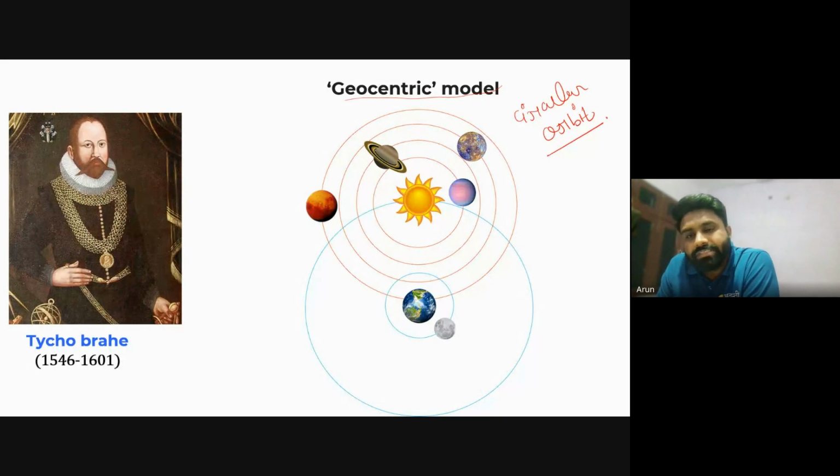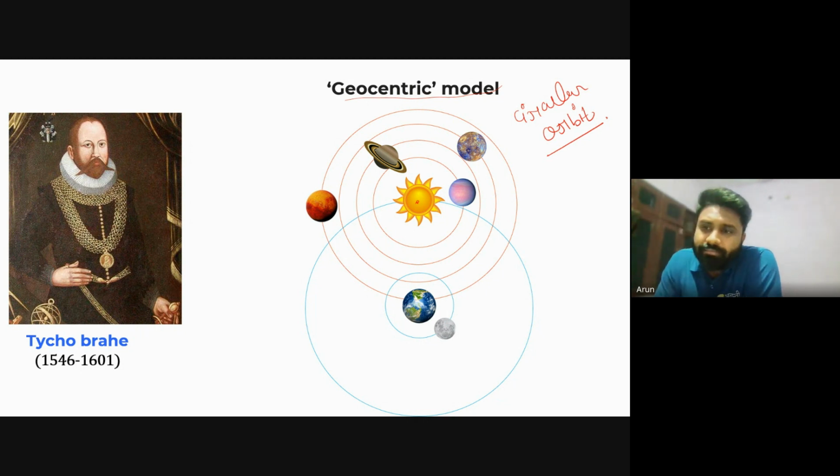But what is different from the others is the fact that our sun is also revolving around the earth. So he assumed that in the geocentric model, each and every planet present in the solar system revolves around the sun, but our sun revolves around the earth in a circular orbit. So this is the geocentric model of circular orbit.